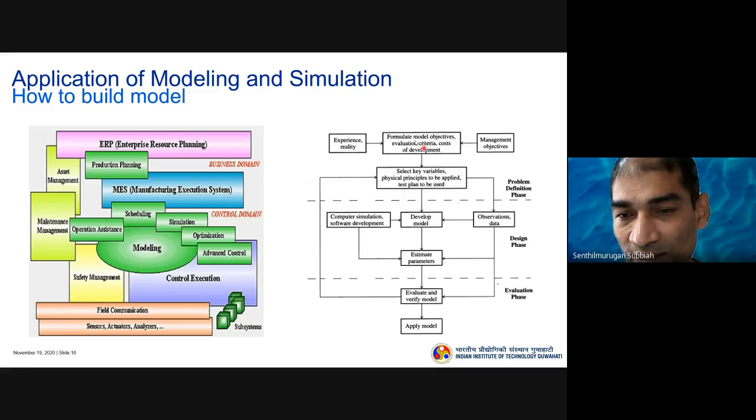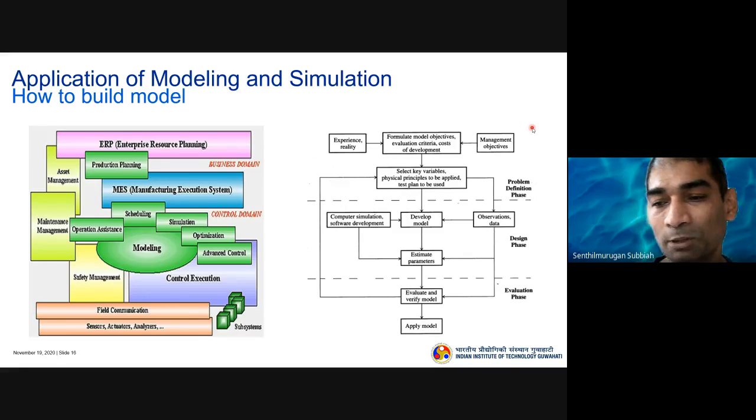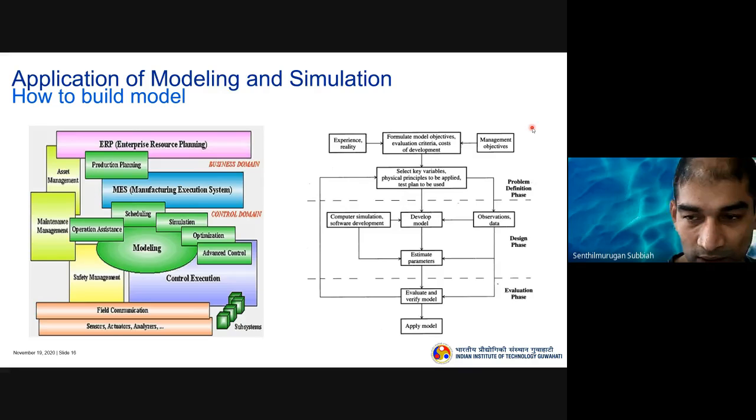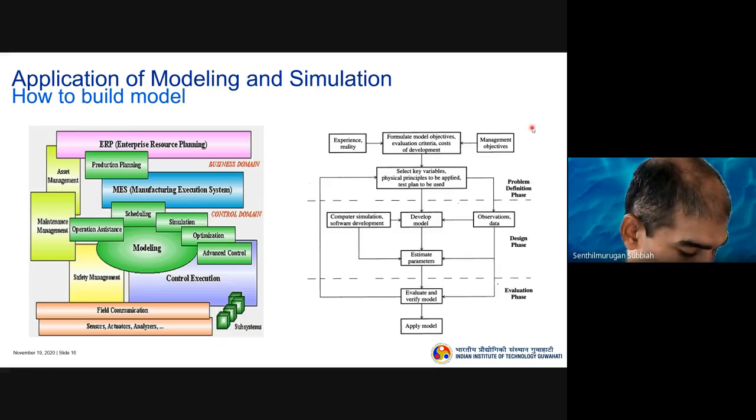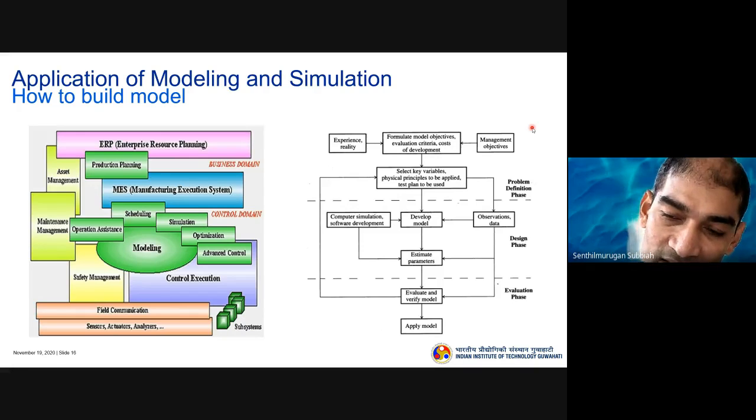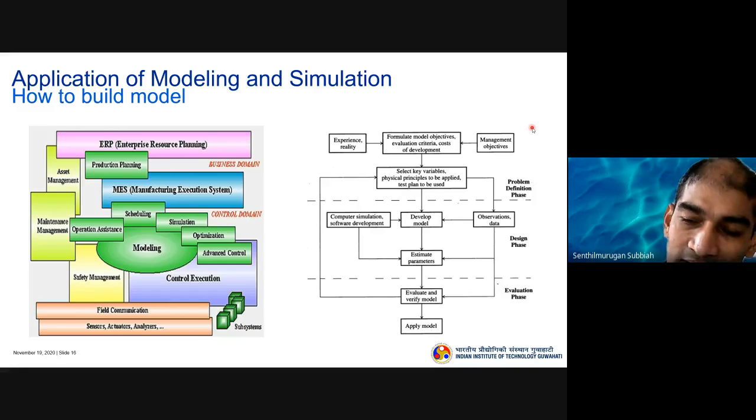Now, this phase of capturing this information, we normally call the problem definition phase. When we do any project, this problem definition phase is one of the key criteria. It is like when you do your PhD, defining a problem for your thesis.